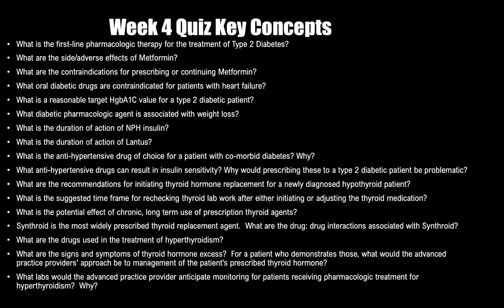So make sure that you start working on your key concepts early so you're not caught off guard come Sunday and you haven't done your quiz yet. These will be provided for you early. If you utilize the PowerPoint that I will email you today, you'll have those ahead of time. If not, I will post your weekly key concepts on Friday for the next week. So you have plenty of time to work on those, okay?